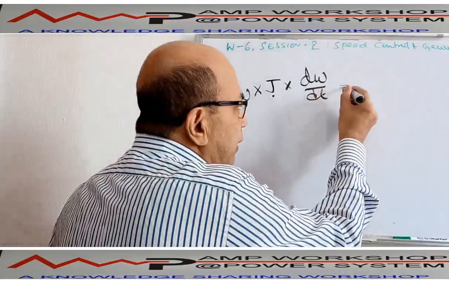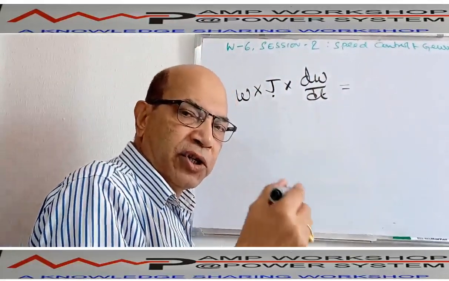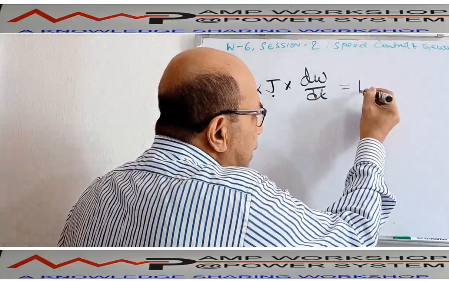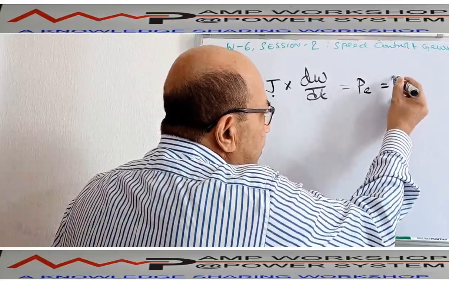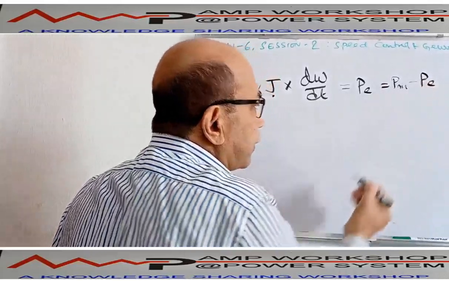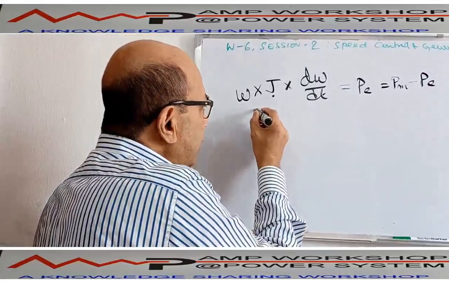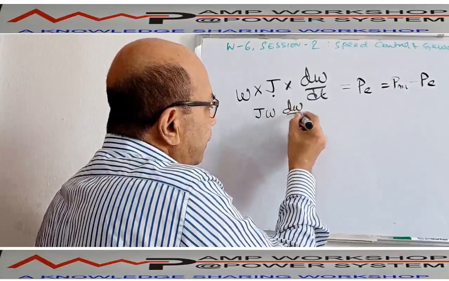This power is the accelerating power. It is accelerating the machine and producing output power, so we can call it P accelerating. That is equal to the difference of mechanical power minus electrical power. So this is J omega d omega by dt.